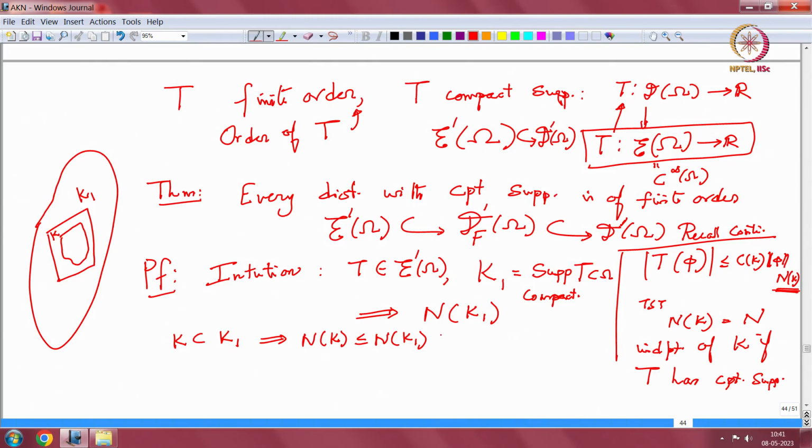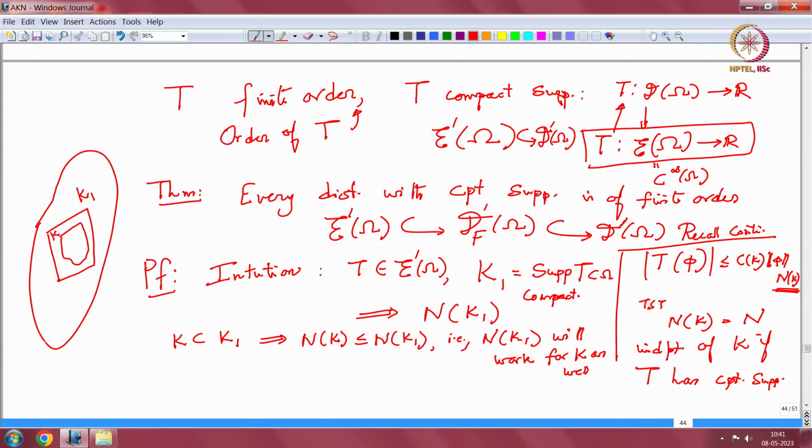So that means N_K1 will work, because if N_K1 is bigger, N_K1 will work for K as well, that is very immediate from the continuity.